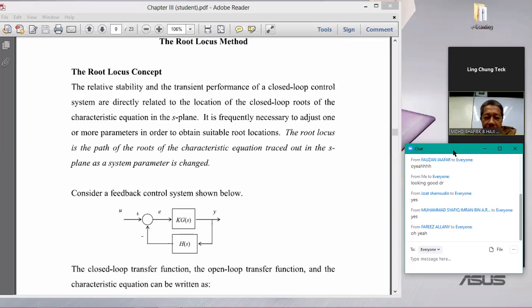How many of you watch this Japanese anime, Attack on Titan? How many of you like Attack on Titan? What is your favorite character? Anybody? Levi.